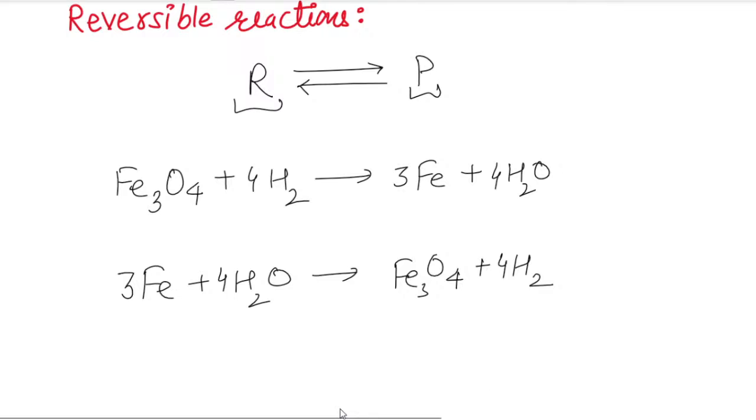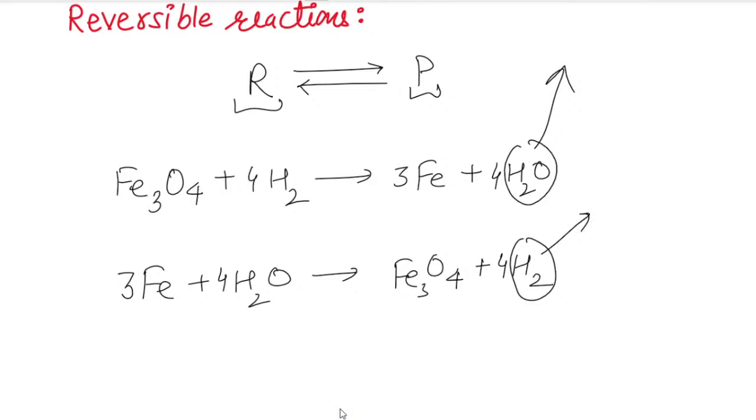If the steam or hydrogen is allowed to escape from the system, if the vessel is open, what happened? If steam is allowed to escape out, then it may become irreversible. If hydrogen is escaped out, then it may be in one direction.